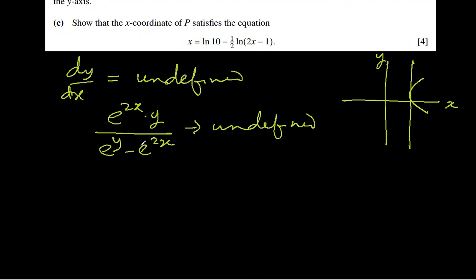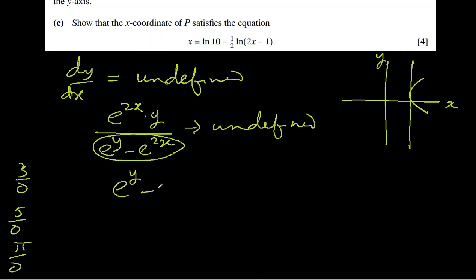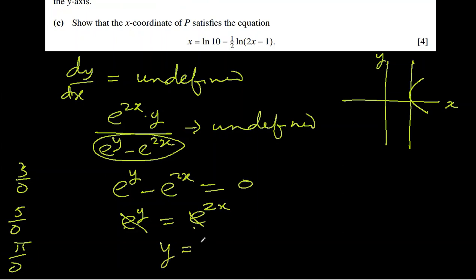It will become undefined if the denominator is 0, isn't it? 3 divided by 0 is undefined, 5 divided by 0 is undefined, pi divided by 0, anything divided by 0 is undefined. That means e to the power y minus e to the power 2x is equal to 0. e to the power y is equal to e to the power 2x. Both are e's, so we can equate the exponents, and this is the equation we got.